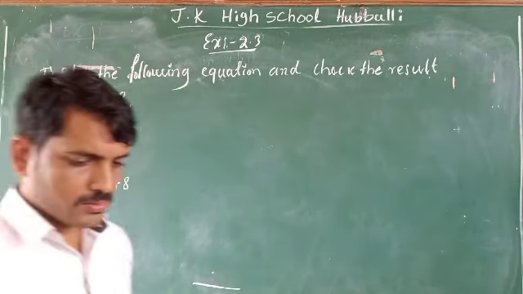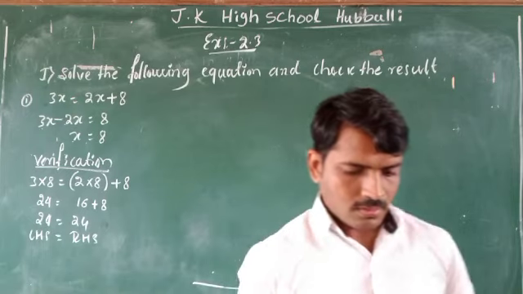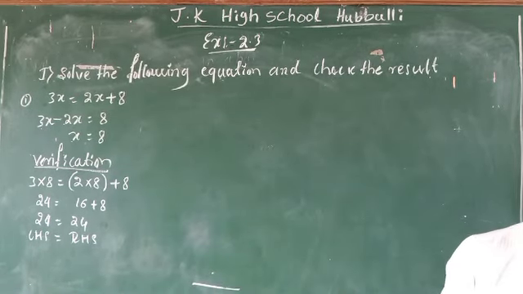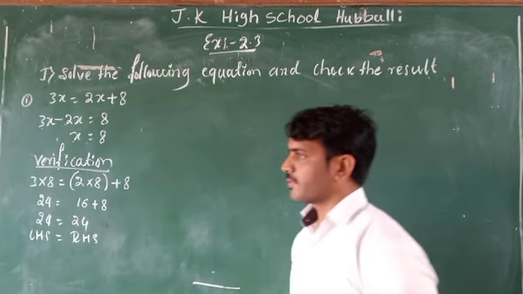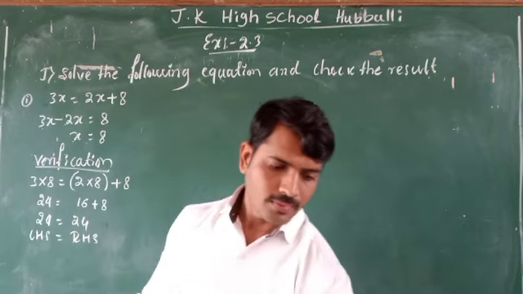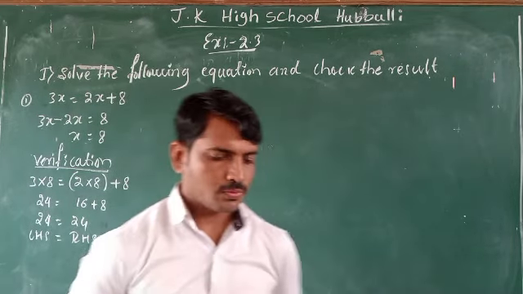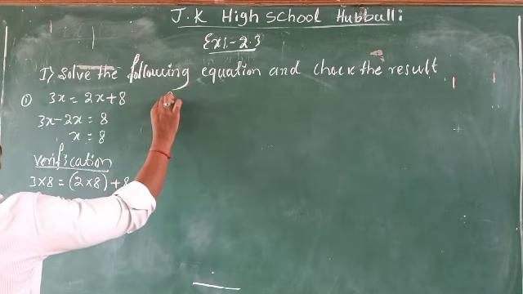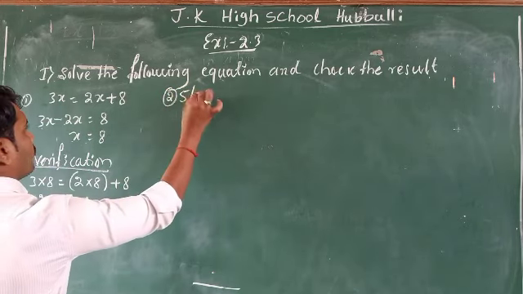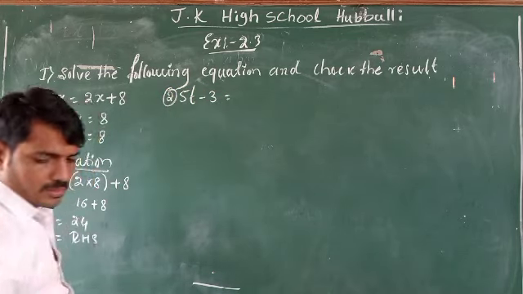Yes, question number 2 is 5t minus 3 is equal to 3t minus 5.